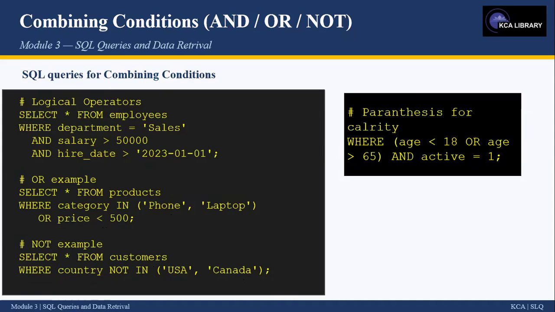Always use parentheses for clarity when mixing AND and OR. For instance, WHERE age < 18 OR age > 65 AND active = 1.